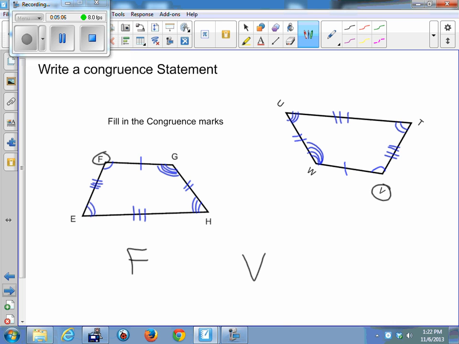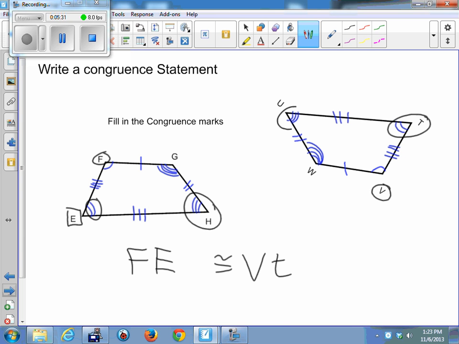Now I'm going to look at E. E has two congruence marks on the angle E, and so does T. So E goes with T. The next one, H, has three congruence marks.